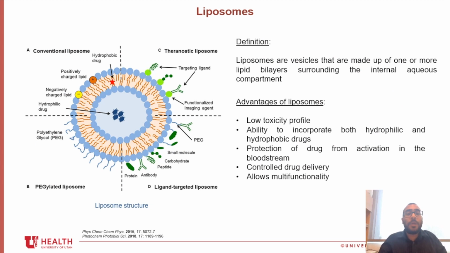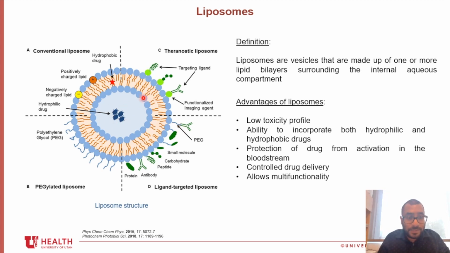So for that, we decided to use liposomes as our model system. You might remember liposome being one of the first ever nanoparticles that were FDA approved to be used for treatment of cancer. So liposomes are vesicles that are made of one or more lipid bilayer surrounding the internal aqueous compartment.